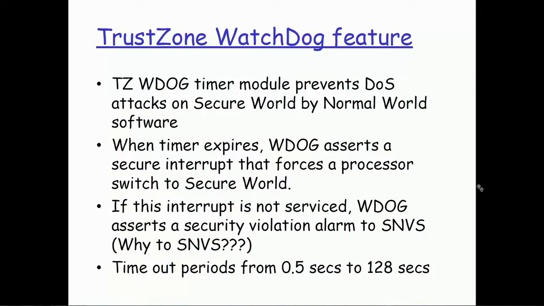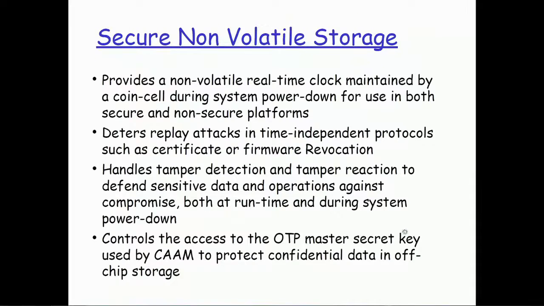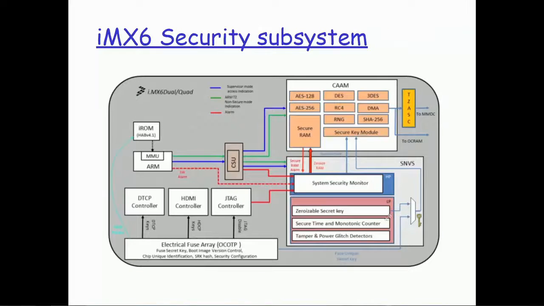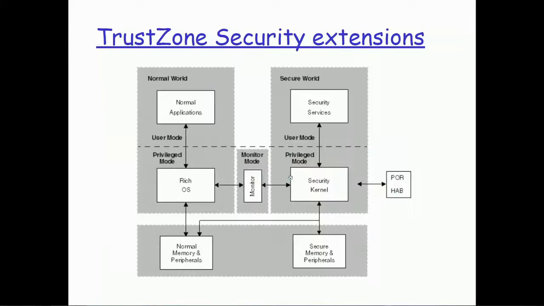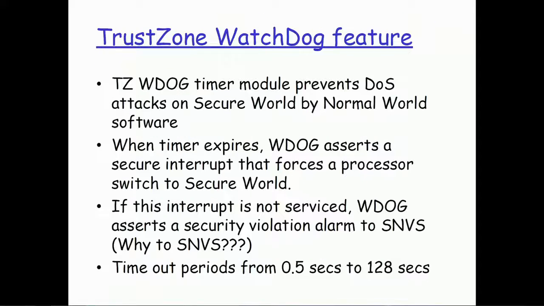If this interrupt is not serviced, the watchdog asserts a security violation alarm to SNVS. You see this security violation alarm that you get here. This will be asserted to SNVS, but why is it going to SNVS?